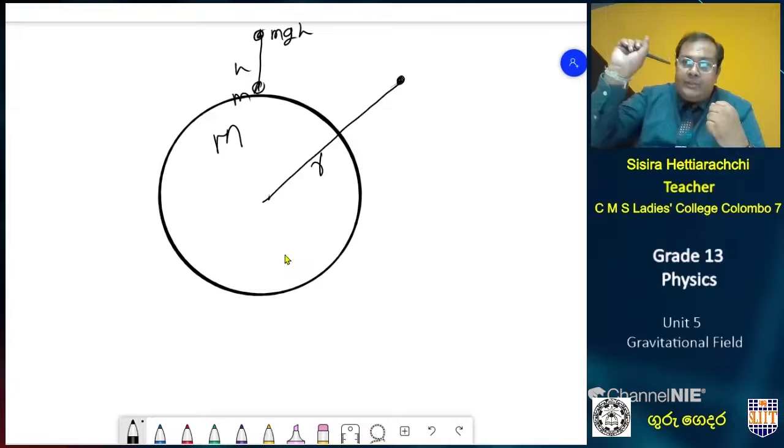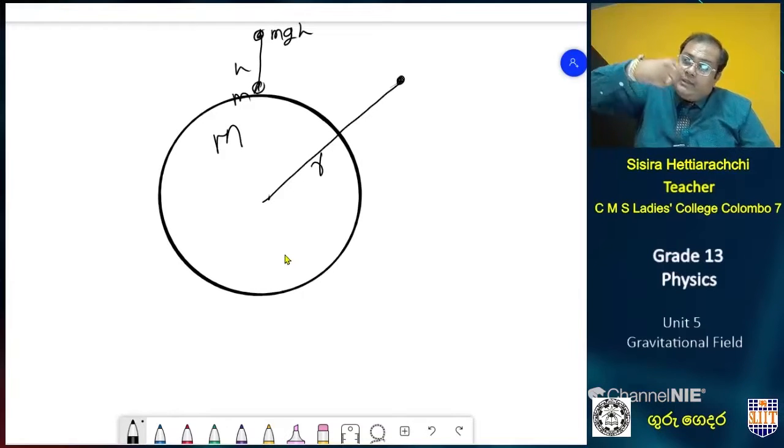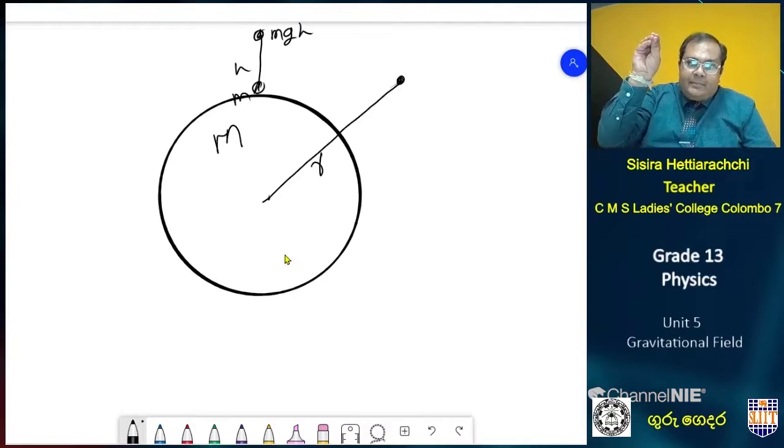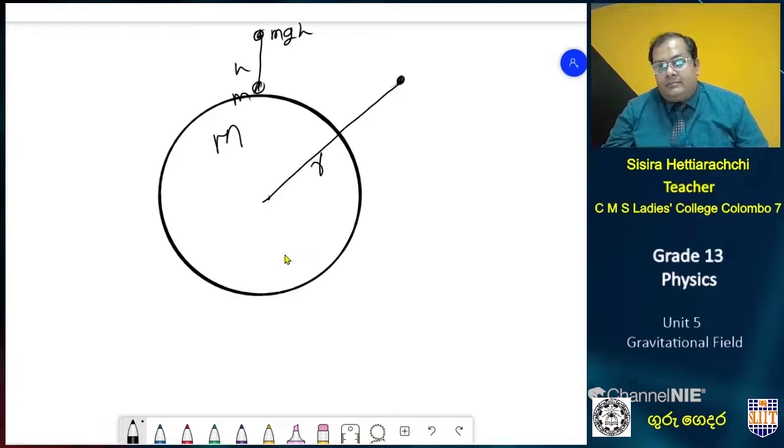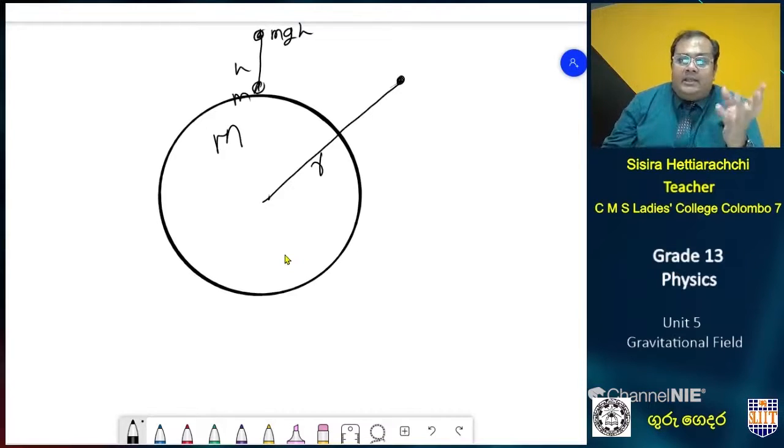From infinity to the point considered. If you want to move that to infinity, you have to do work. It's not easy. But if it is brought towards, it automatically comes, work done by us negative. Therefore, gravitational potential is a negative value.